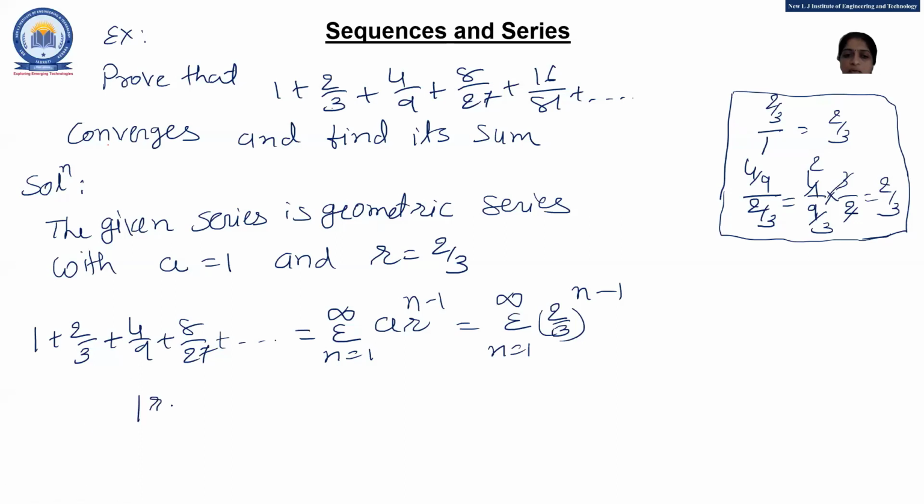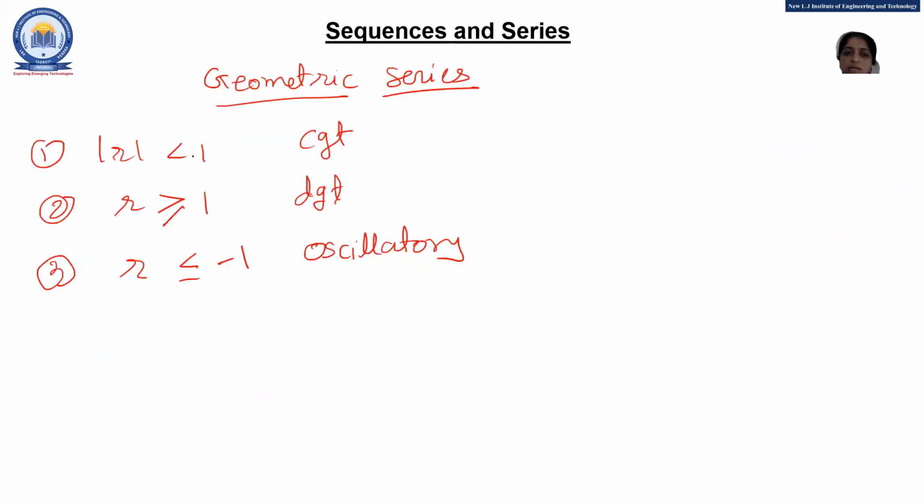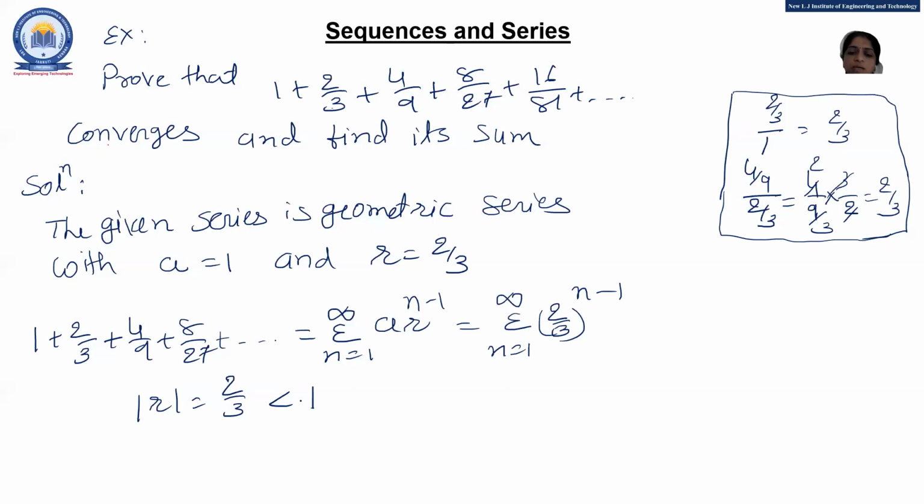Now mod r, that is 2 by 3, is less than 1, and as per the rule, if mod r is less than 1, the given series is convergent. Okay, so we can directly write that since mod r is less than 1, hence the series is convergent.